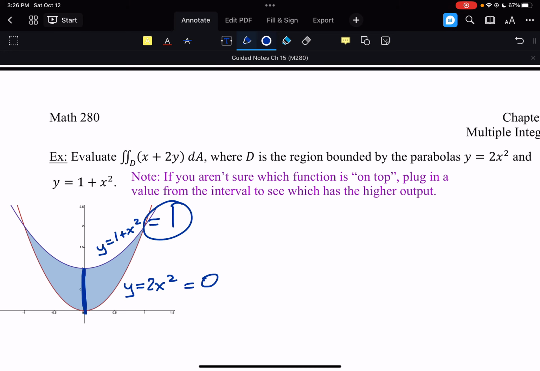This one's value is higher, meaning it's the function on top. A lot of times when we're working with functions, like with these parabolas, we understand why this one would be above the other. But if you're ever not sure, just substitute in a value on this interval, and whichever one has the higher output, that's the one on top.